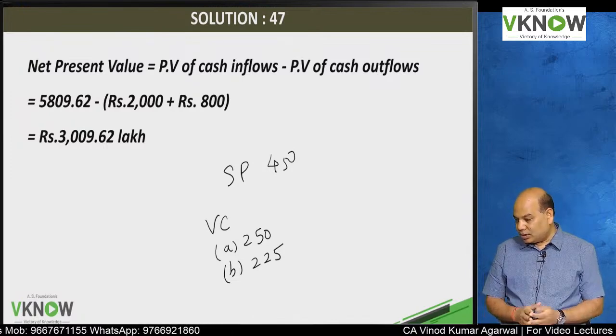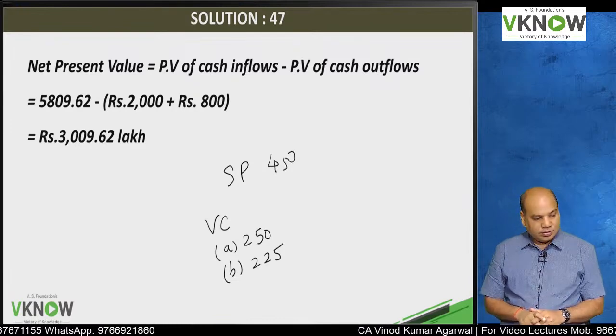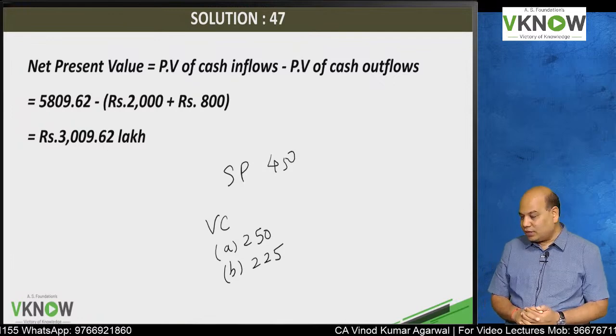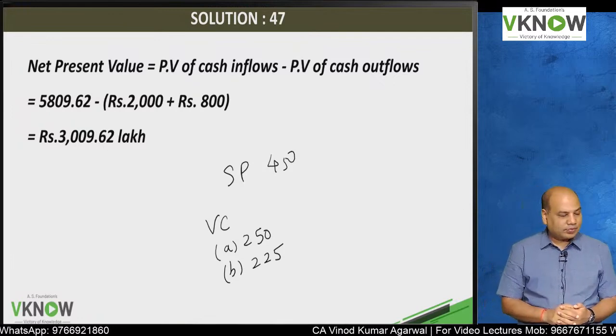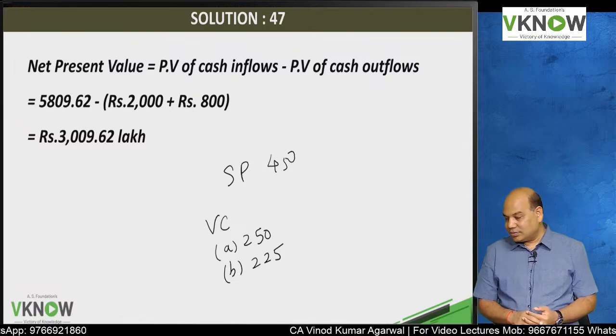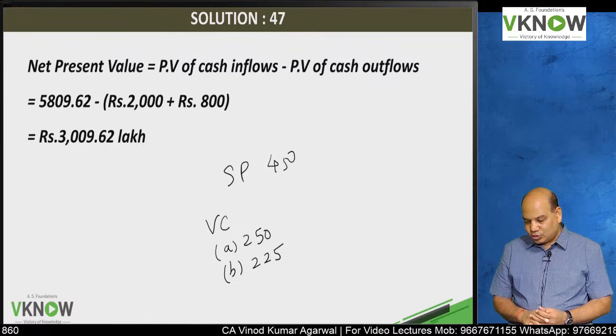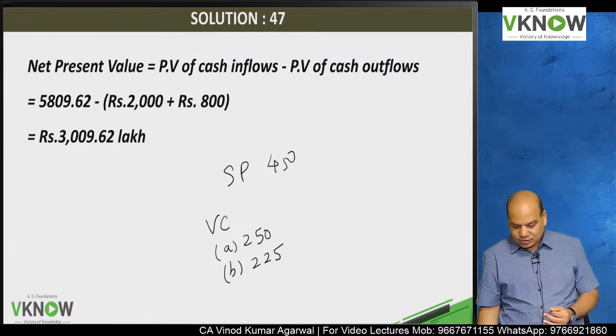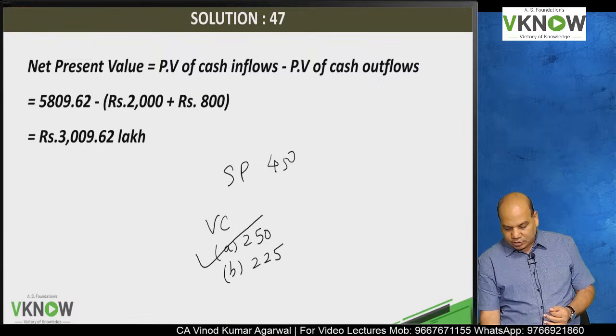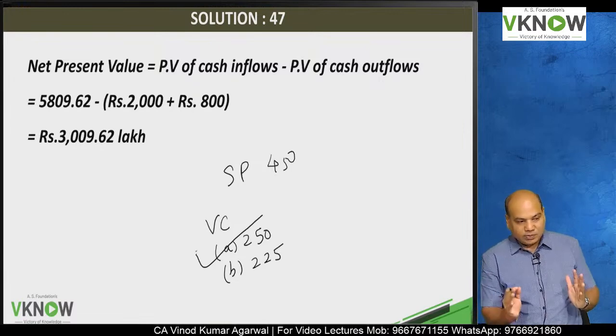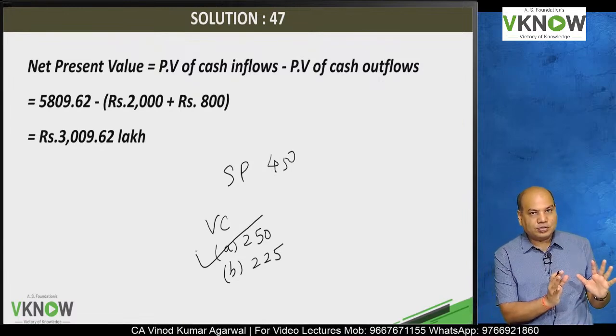Some students are saying 225. Any other option? Any other answer? 250. The answer is 250. We are going to keep variable cost as per previous question only.